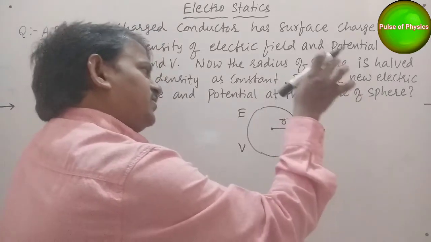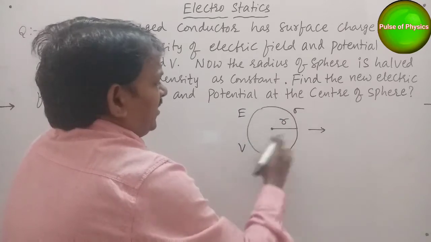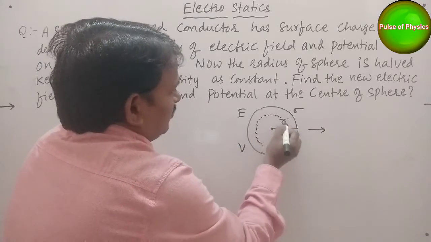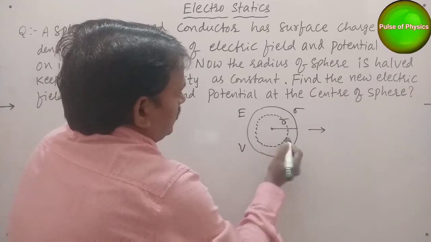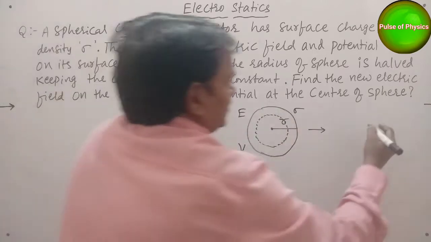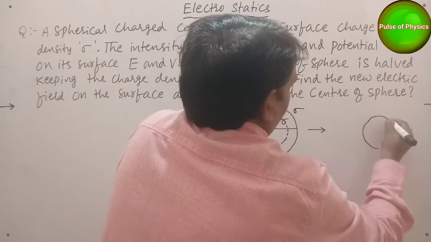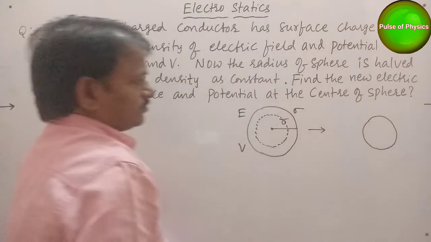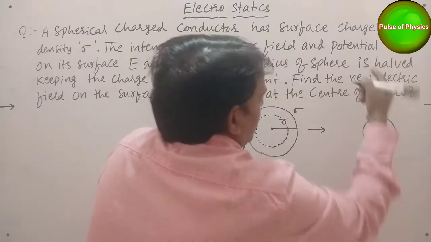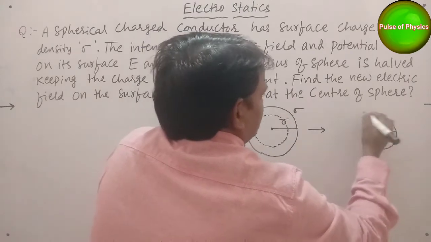The second sphere also has the same surface charge density sigma, but with half radius. I cut from this a portion with r by 2 radius, then that part will be like this. What is this? The second, smaller sphere with half radius and same charge density.